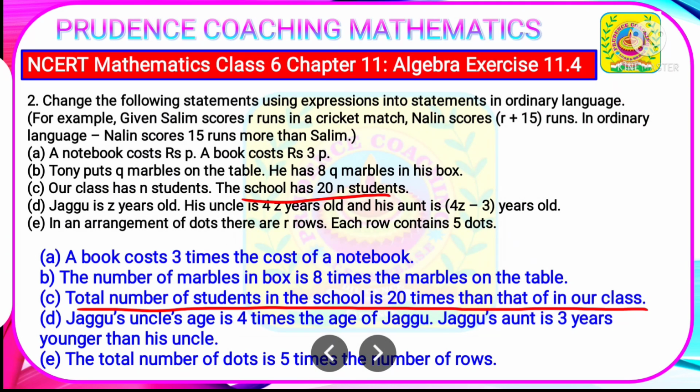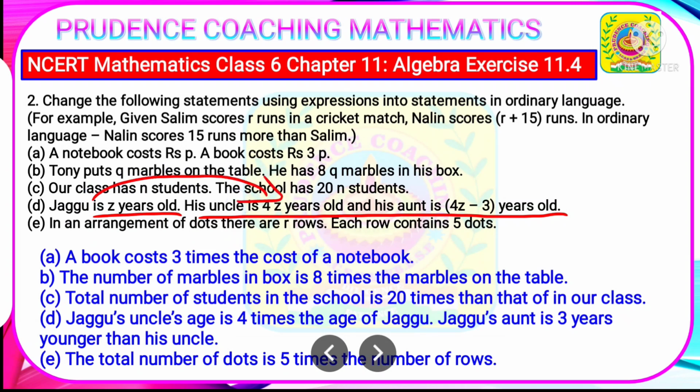Next one. Jaggu is Z years old. His uncle is 4Z years old and his aunt is 4Z minus 3 years old. How are you going to write this? As you can see, Jaggu's uncle is 4 times the age of Jaggu, and his aunt is 3 years younger than his uncle.